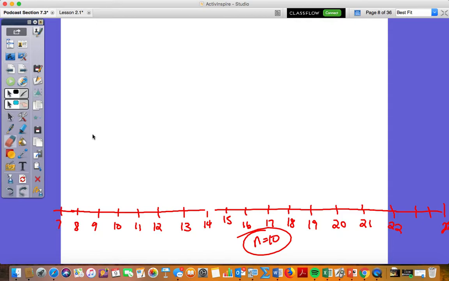However, are there more sticky notes over here or over there? Over there, right? That's why that looks more normal than over here. If we were to take more samples, then this would get closer and closer to being normal, right? Cool? Do you have any questions on that? All right, good stuff.